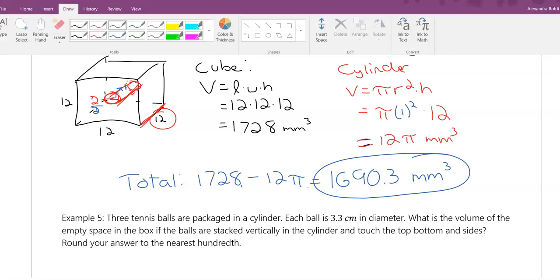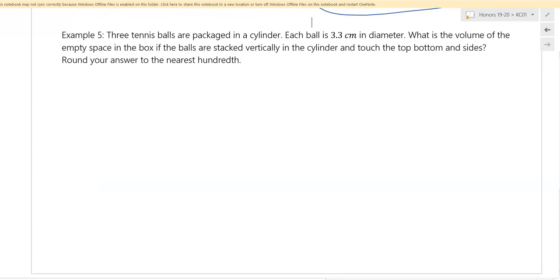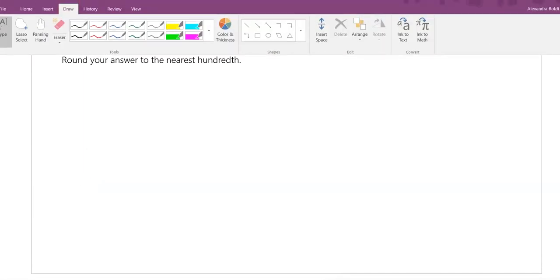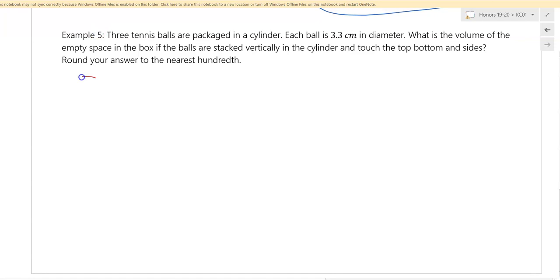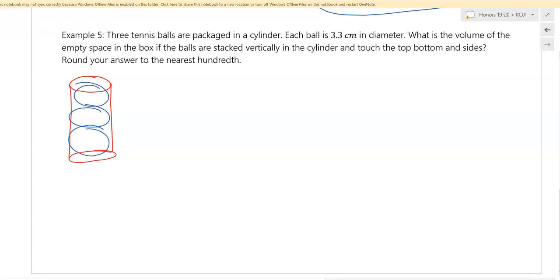All right, last example. 3 tennis balls are packed in a cylinder. So let's draw our cylinder. And then we'll draw our 3 tennis balls. Those are equally sized tennis balls.